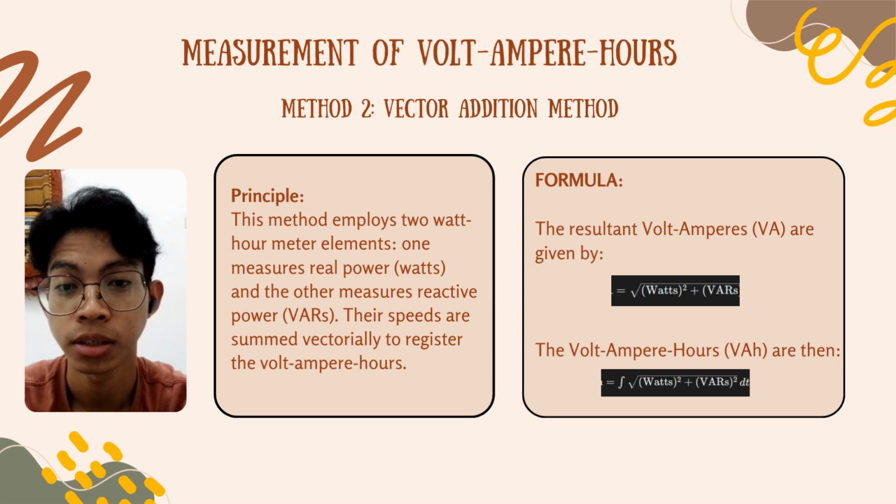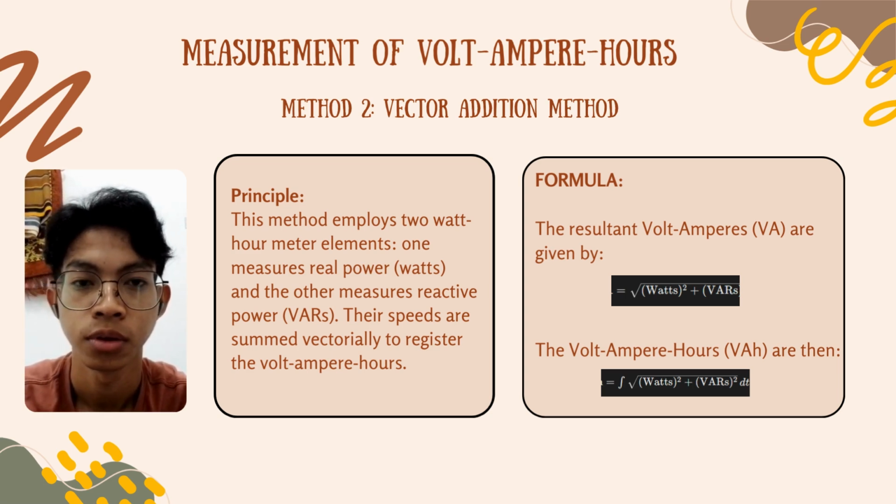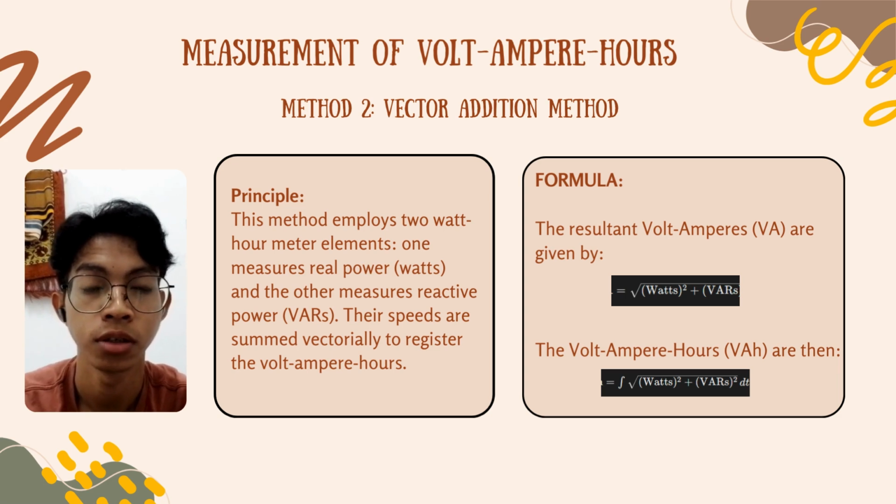Their speeds are summed vectorially to register the volt-ampere hour. The formulas involved are: the resultant volt-ampere equals the square root of watts to the power of 2 plus VARs to the power of 2, while the volt-ampere hour equals the integral of the square root of watts squared plus VARs squared, dt.